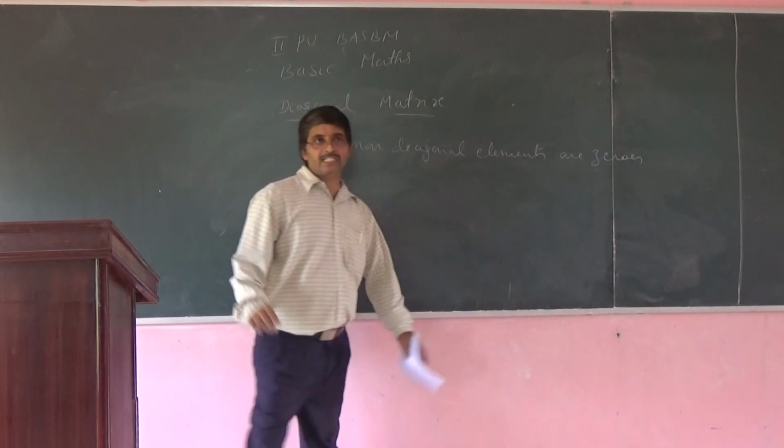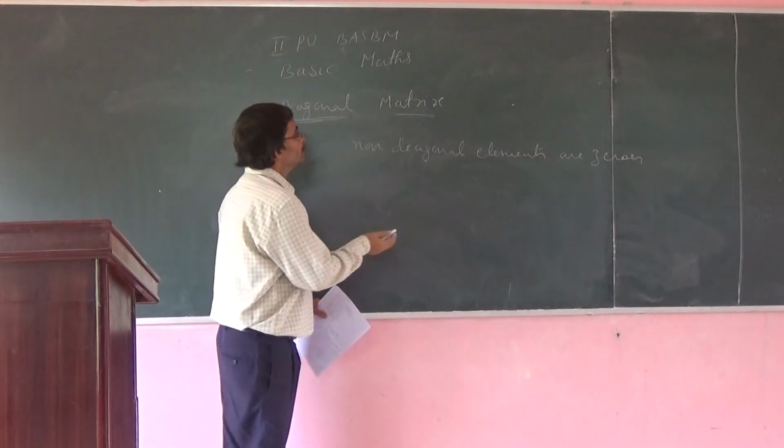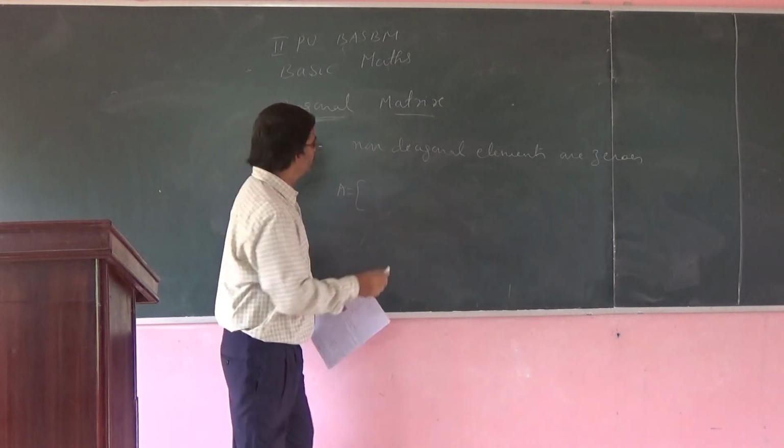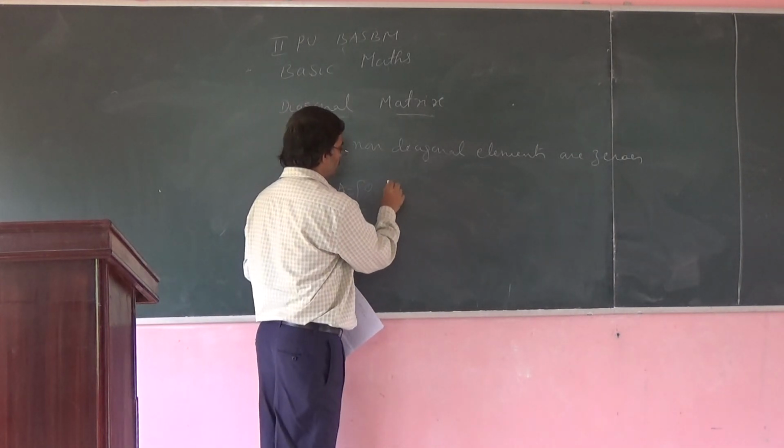I will explain it with an example. A equal to, a simple example I will give you, 1, 0, 0, 2.